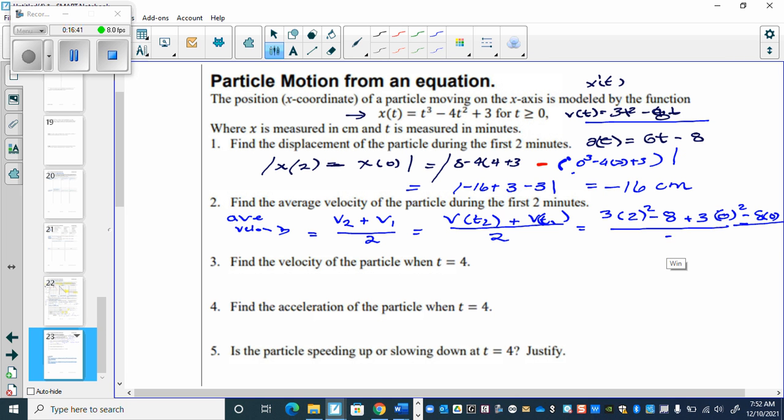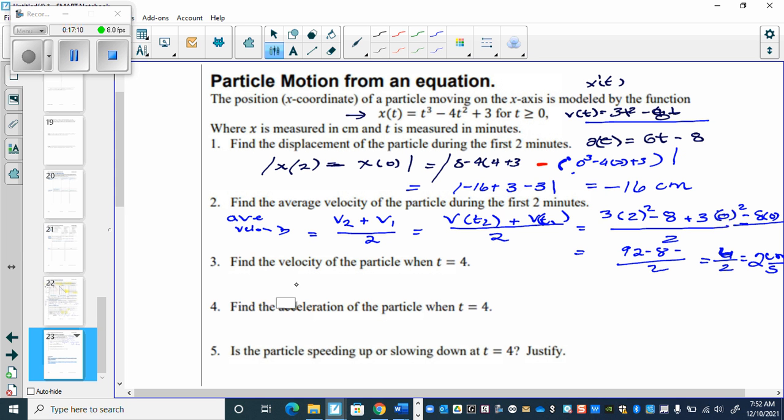Okay, and we get 12 minus 8 over 2, and it's centimeters per second.